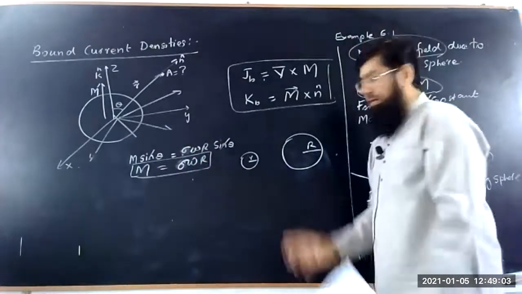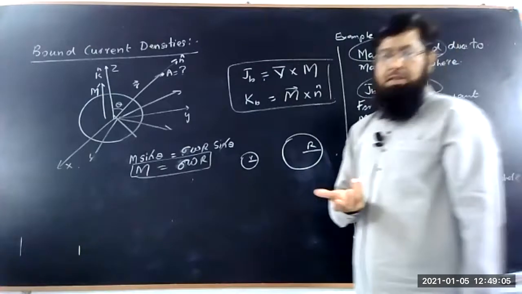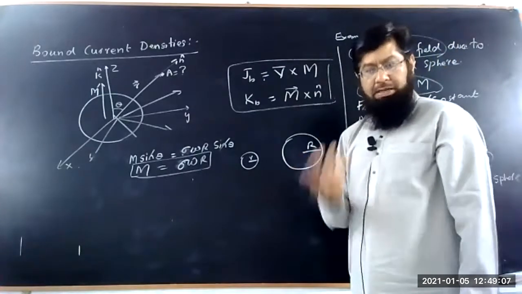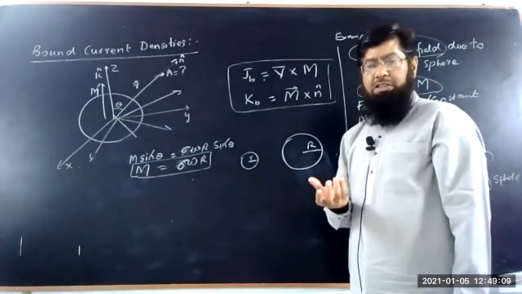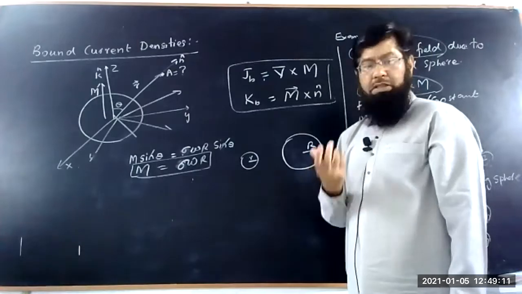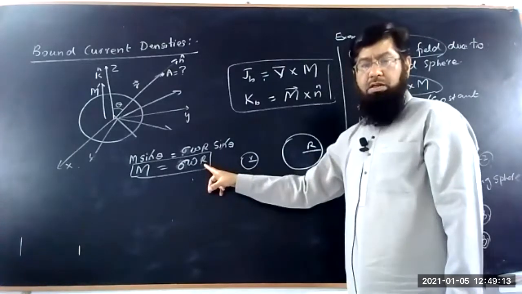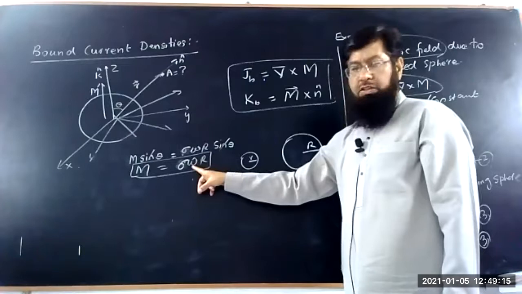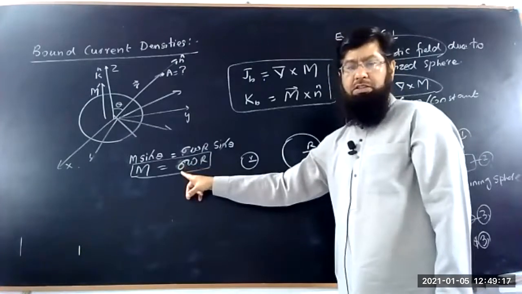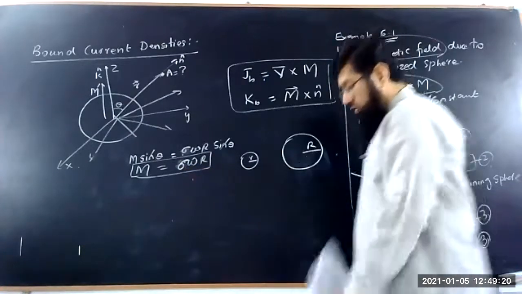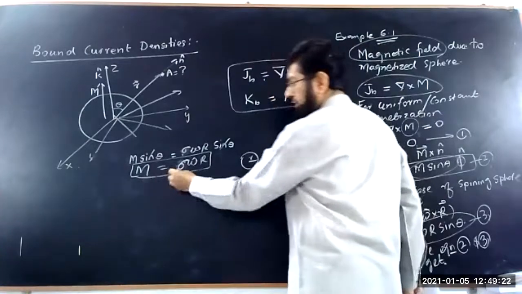So if the sphere is spinning, it gets magnetized, and the magnetization depends upon the radius of the sphere, the angular velocity, and the surface charges on the sphere. So here, this is the magnetization.